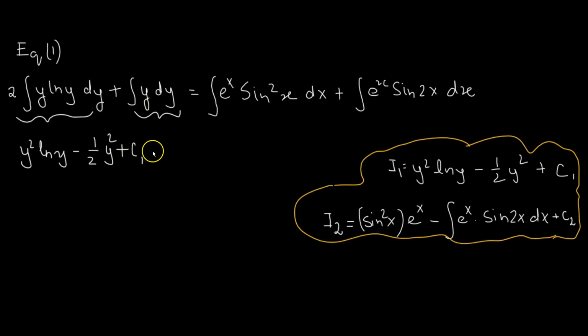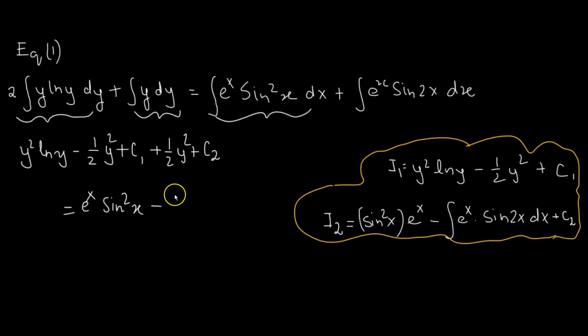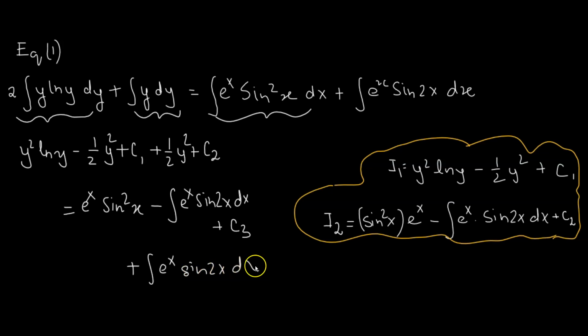Then the integration of y dy, so that's half y squared plus the constant of integration c2, equals this integral I2, that's e raised to the power of x times sine squared x minus the integration of e raised to the power of x sine 2x dx plus the constant of integration. So this will be c3, I've already used c2, plus the integration of e raised to the power of x sine 2x dx.